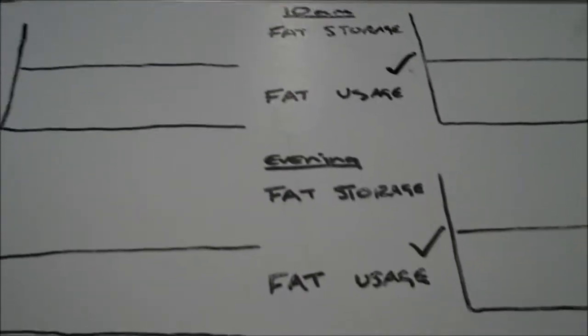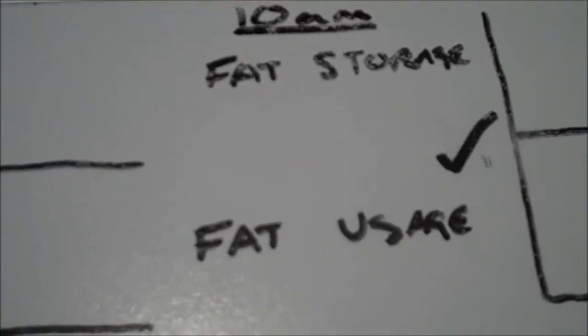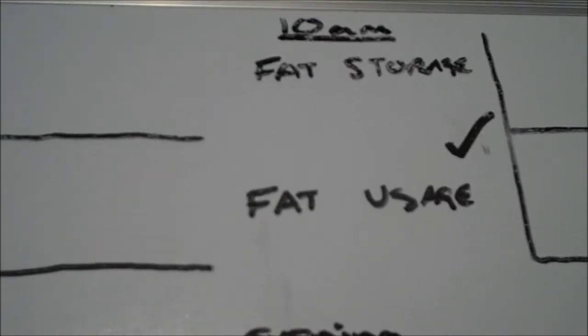So now what we're going to do is quickly look at a few examples of what we shouldn't do and what we should do. So again, we've got 4 charts on here, if you can see, and the top ones are going to be your 10 a.m. session. So this is what we should do and what we shouldn't do in our 10 a.m. scenario.